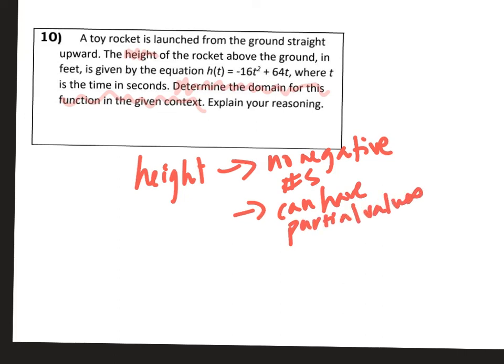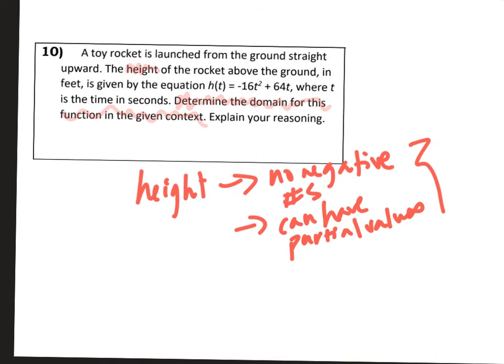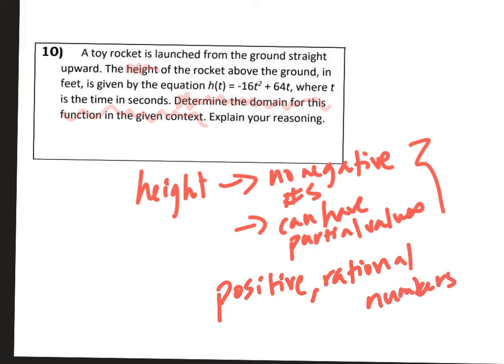Now, in the context of this review, you're not being asked to find like a vertex. You're just really being asked to find what would be a reasonable domain for this situation. And so if we combine both of these ideas together, we want positive, and when we can have partial values, we want positive rational numbers representing our height.